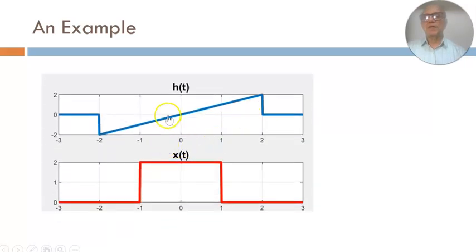Suppose the two signals given to us are ht and xt, and ht lasts from -2 to +2. You can see ht is simply linearly related to time, and in fact it has a slope of unity. This is 0. From here you reach 2 seconds, and you reach an amplitude of 2.